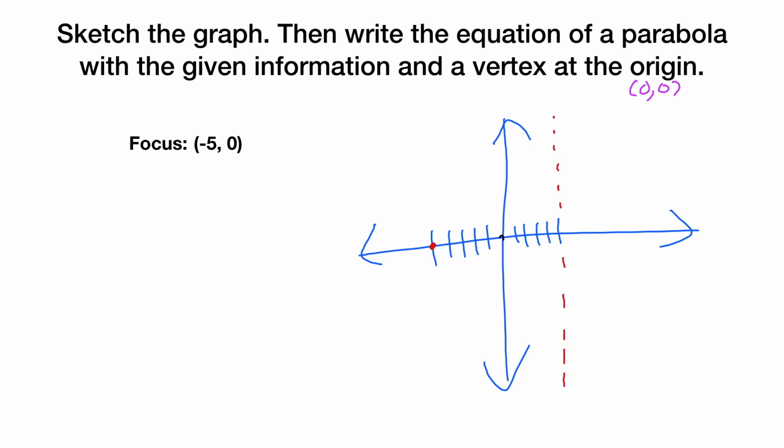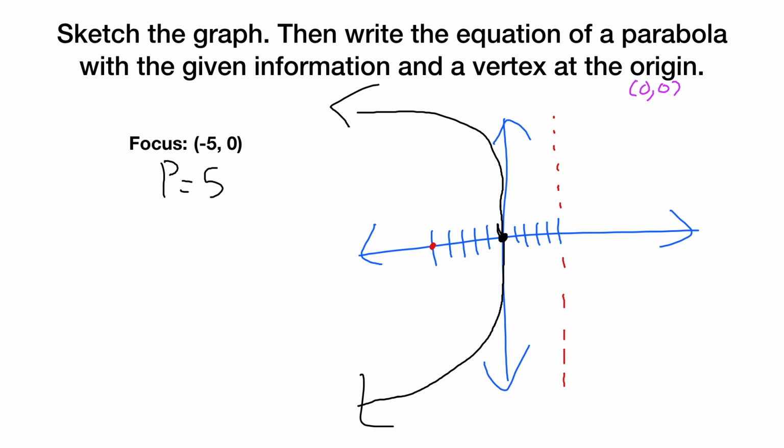Now I already know our origin's at 0, so it doesn't really matter about that part. So that would be our look of our thing. Now we need to put in some values. Our p-value, once again, is 5.